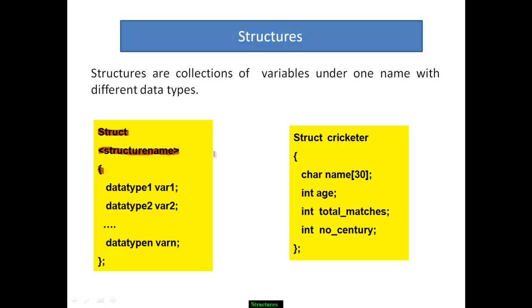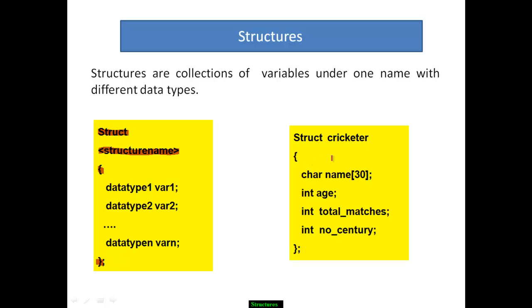Any number of variables you can create inside it. Whatever you define within this is your usual declaration. If you want to create one integer variable, you define it like int a, int b, likewise. At last, after the right curly brace, I put a semicolon to state that the structure definition comes to an end.